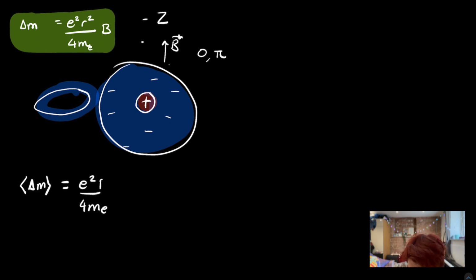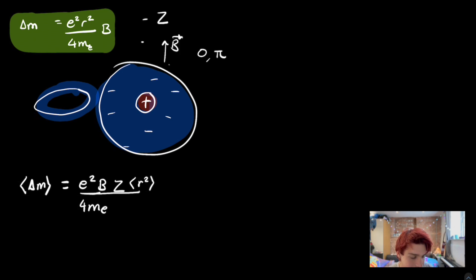And of course, B isn't going to change either. But of course, the R squared value is of course going to be different. And we also said that there was going to be Z electrons per atom. And so we need to take an average of this kind of R squared value, the mean squared distance between the electron and the atom.